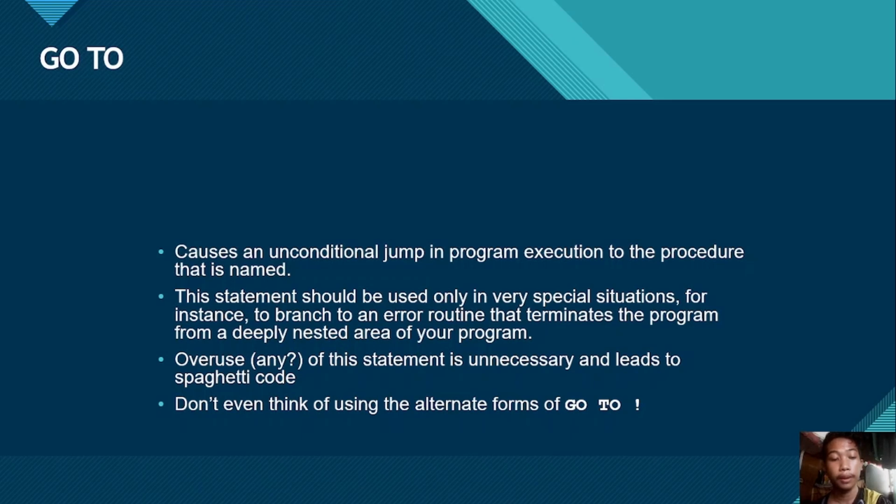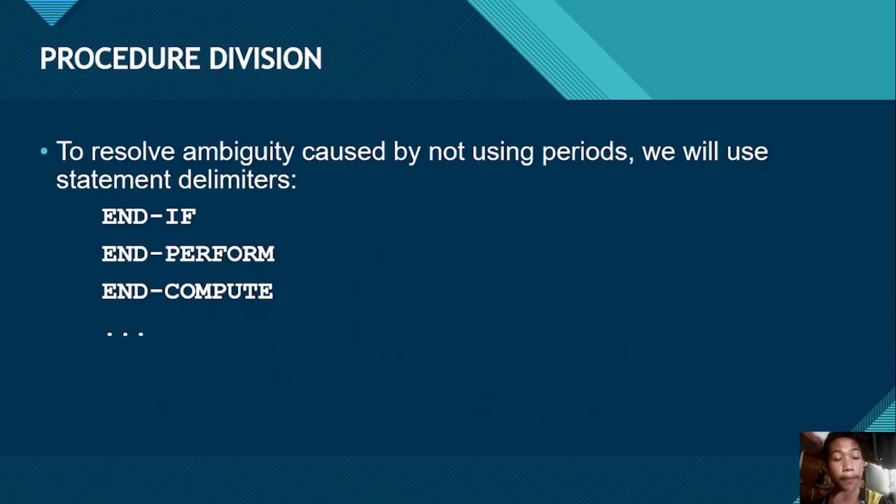So in the procedure division, to resolve ambiguity caused by not using periods, we will use delimiters like end-if to end the if and if-else statements, end-perform to end the perform statements, and end-compute to end the compute statements.